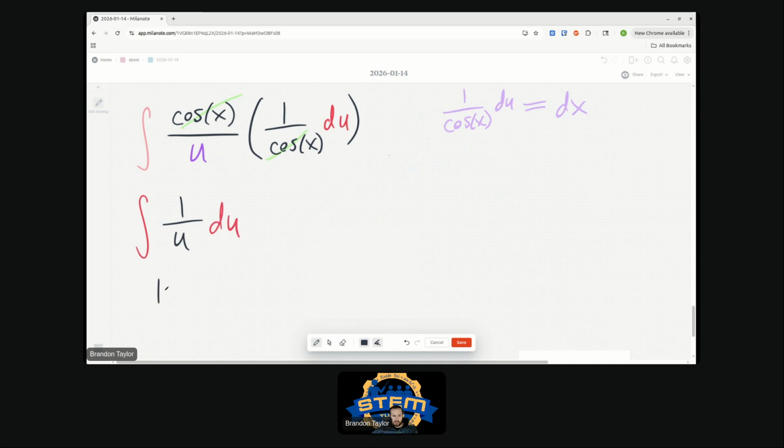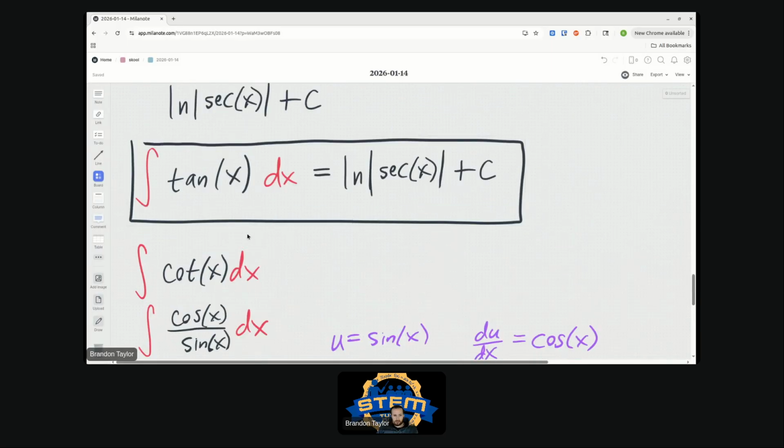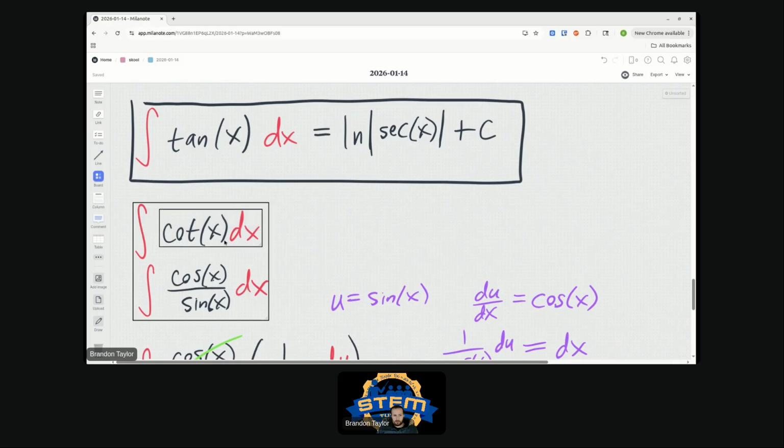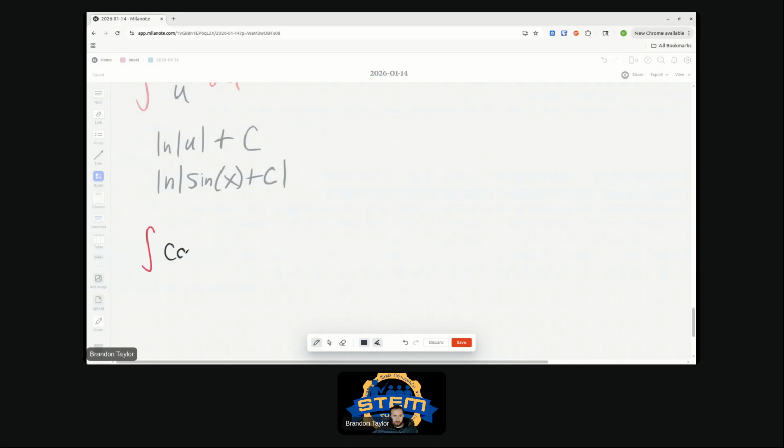And then what is that? Positive natural log of u plus c. Remember what u was? Natural log of sine plus c. It's actually a little bit simpler than the last case. So the antiderivative of cotangent is actually natural log of sine.